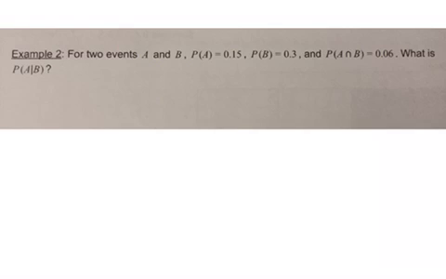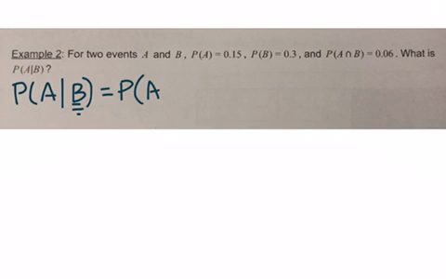Now a notation question. For two events A and B, the probability of A is 0.15, the probability of B is 0.3, and the probability of A and B is 0.06. What's the probability of A given B? It's good to pay attention to what the given is, because that's the probability that should always go on the bottom of your fraction.